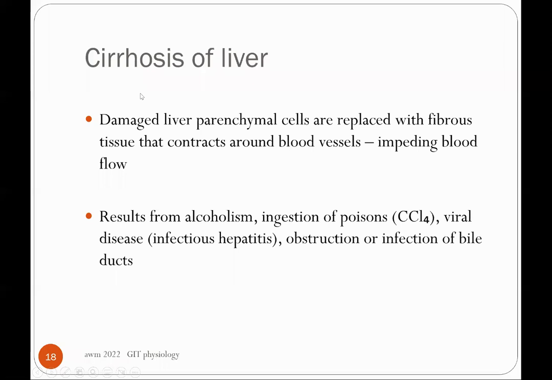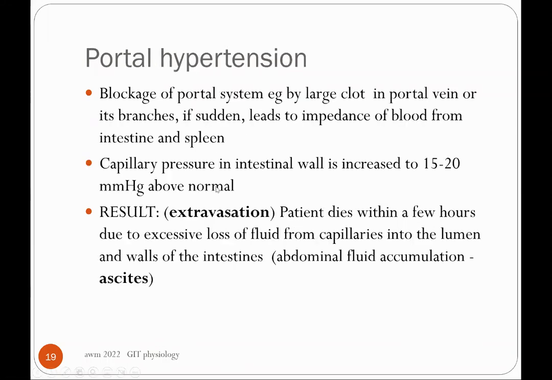Cirrhosis of the liver can result from chronic alcoholism, ingestion of poisons, for example, carbon tetrachloride, viral diseases, for example, infectious hepatitis, and also obstruction or infection of bile ducts. So all of this is going to destroy the cells. And remember, the hepatocytes are actually epithelial cells, yeah?